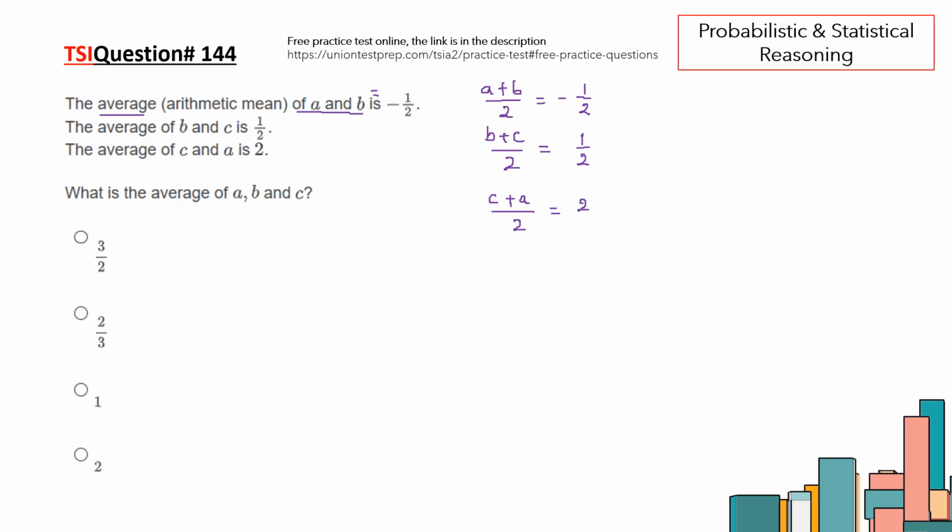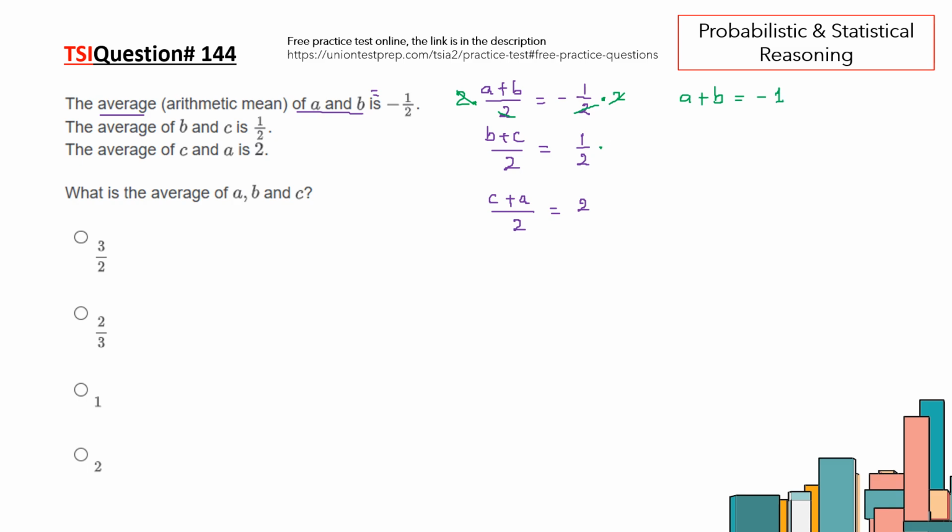Now simplify these so that we have a nicer relationship between A, B, and C. First equation, I multiply both sides by 2 and cancel the denominator. I have A plus B equals negative 1. It's nice and short.